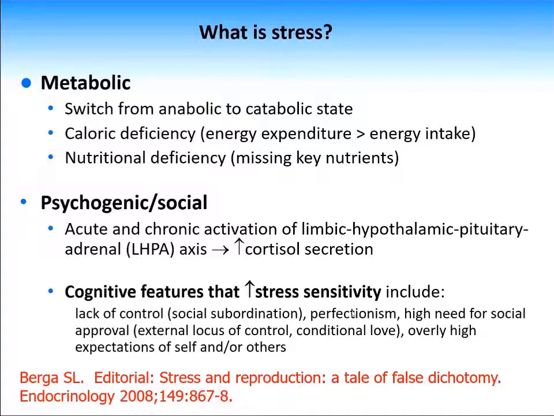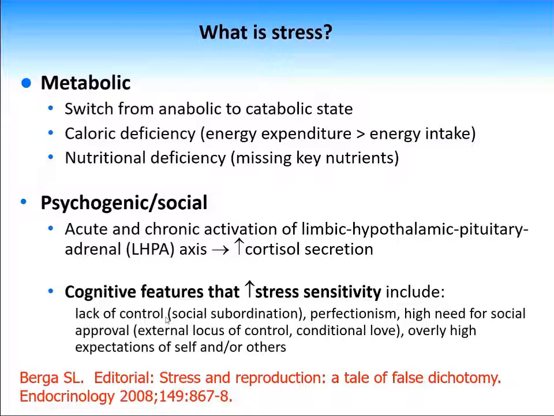And in particular, when coupled with a high need for social approval, which I often refer to as an external locus of control or conditional love, it may lead to a pattern of hyperreactivity to the environment.